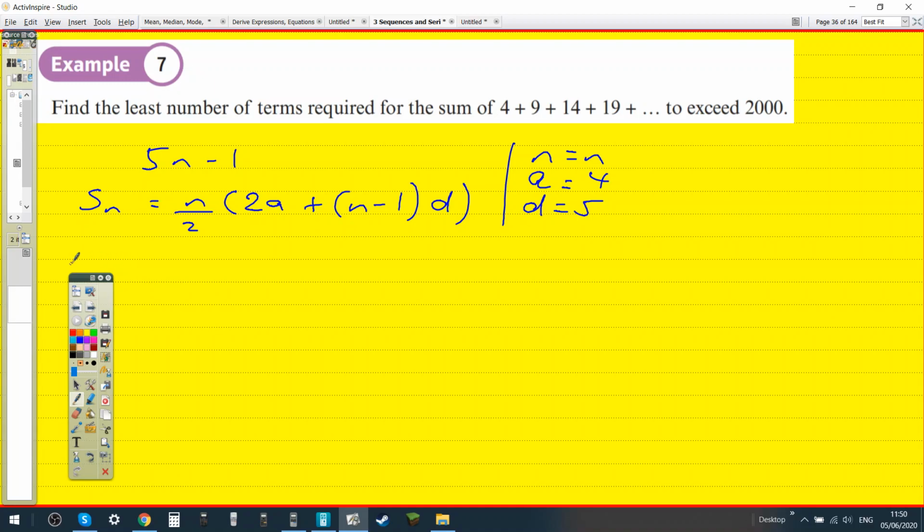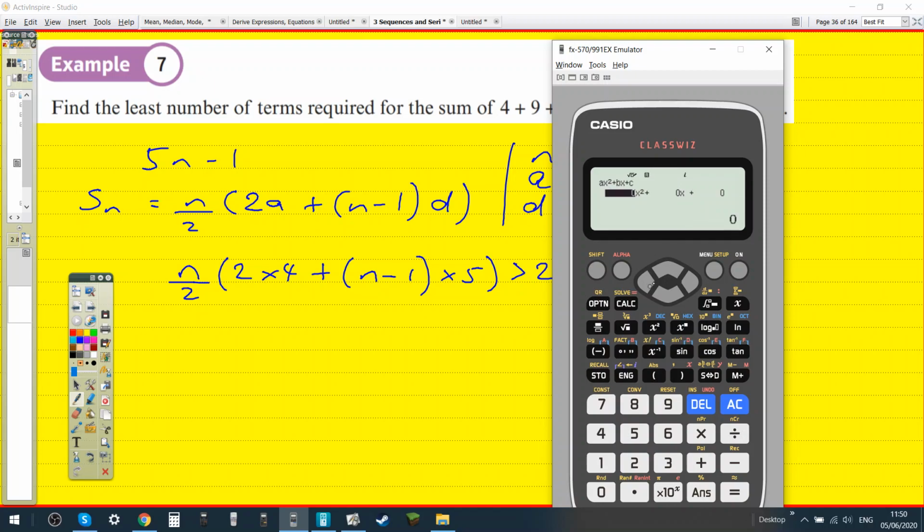So is it 2000 equals to n over 2, brackets, 2 times 4 plus n minus 1 times 5? Mm-hmm. I'll write greater than 2000 and just use equals in the calculator.